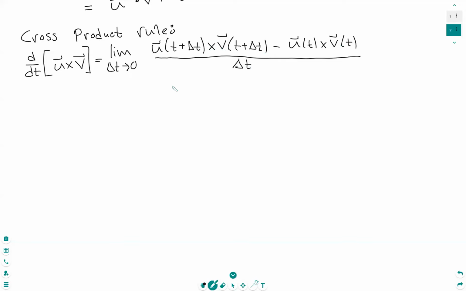Okay, so in the numerator, I'm going to add and subtract the same quantity, so basically just doing nothing to the numerator. Let's kind of scribble that down. I'm going to add and subtract u of t crossed with v of t plus delta t in the numerator.